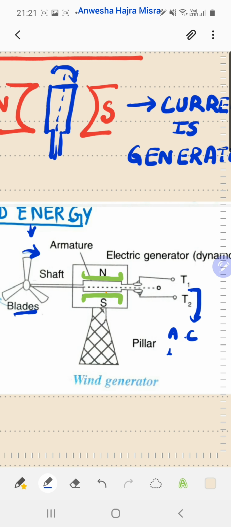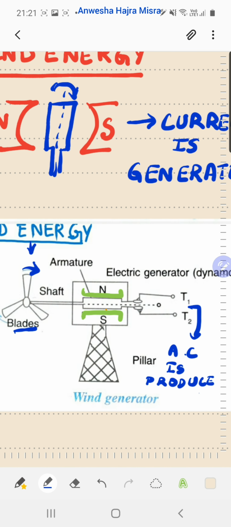AC is produced. AC is alternating current. AC is produced in the terminals T1 and T2. Now, the electric power generated by a single windmill generator is small.